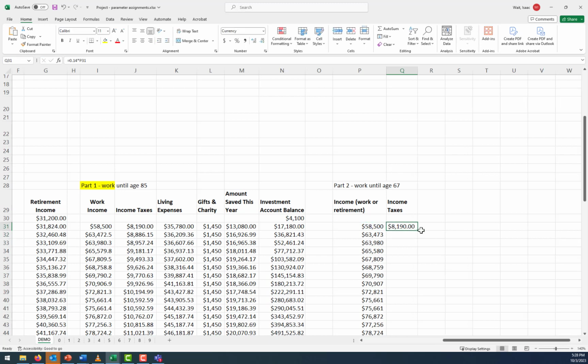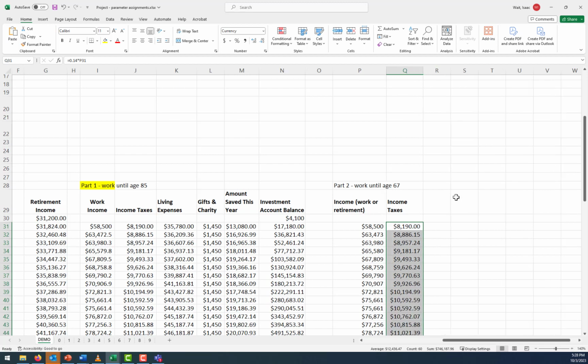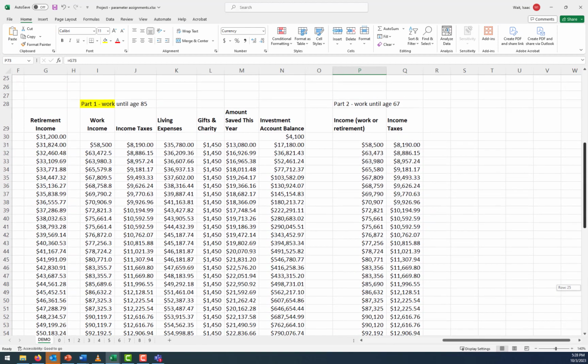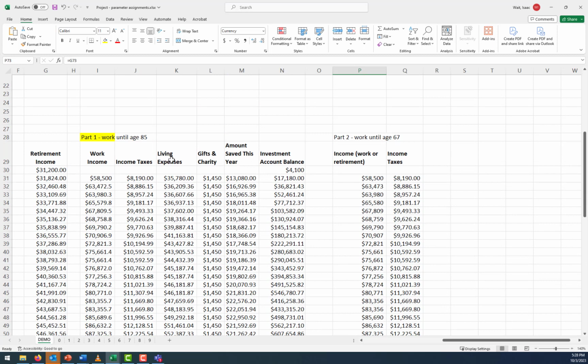All right, so we've got the income taxes, which have a sudden decrease when they stop working, and the income goes from the working wages to the retirement wages once they're drawing the pension. Living expenses are going to be the same, gifts and charity is going to be the same, but you'll have a different amount saved this year and different investment account balance.